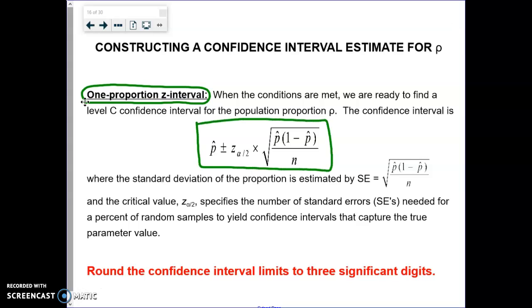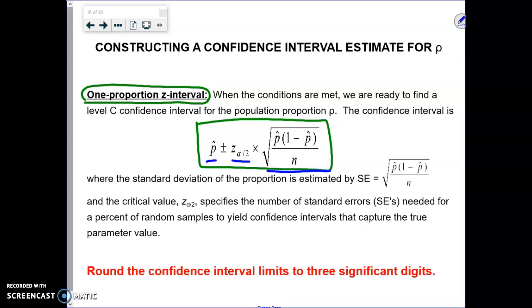Okay? We're going to take our point estimate p hat plus or minus our critical value, which we get from a normal distribution, times our standard error, and basically we just calculate two limits.